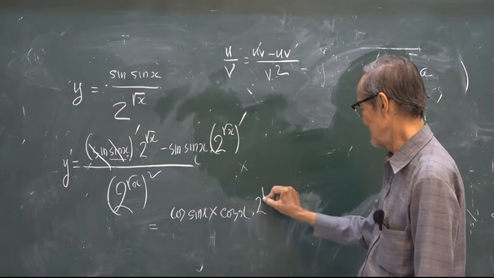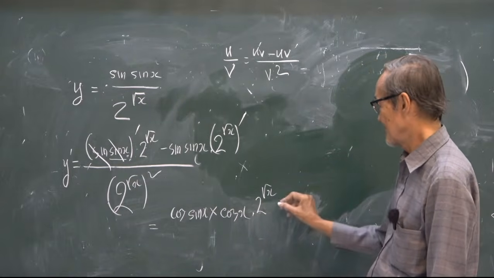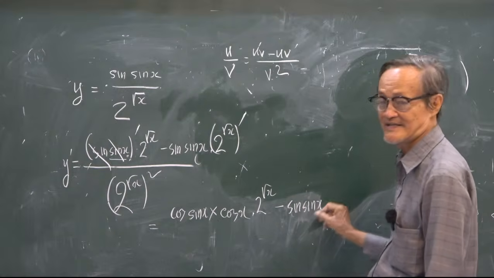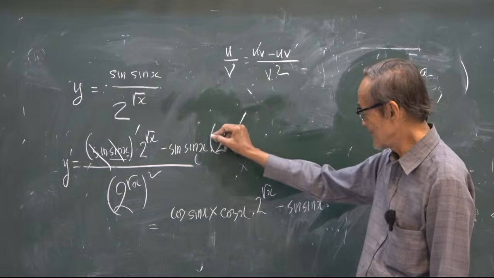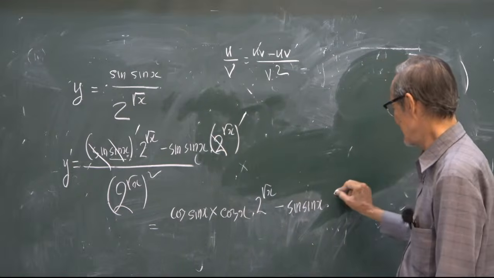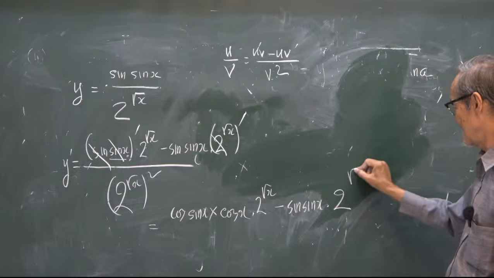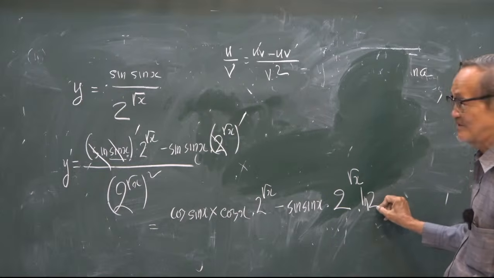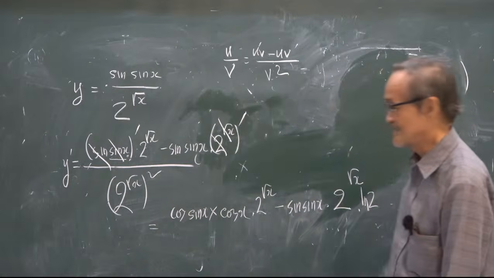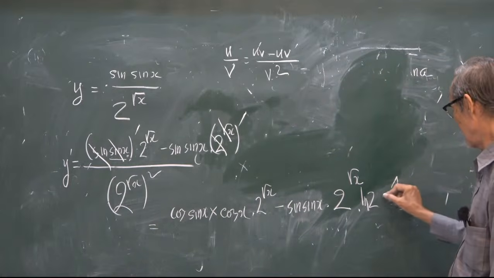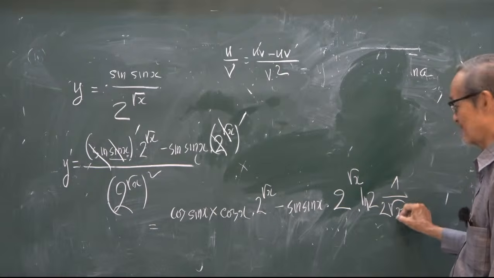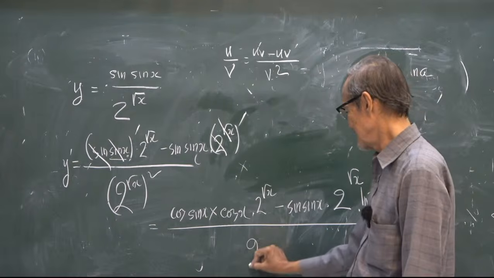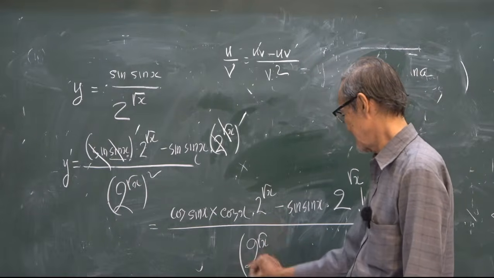Remain 2 to the power square root of x, minus sin of x times the outer function here, 2^u natural log of 2, and inwards here 1 over 2 square root of x, all over (2 to the power square root of x) squared.